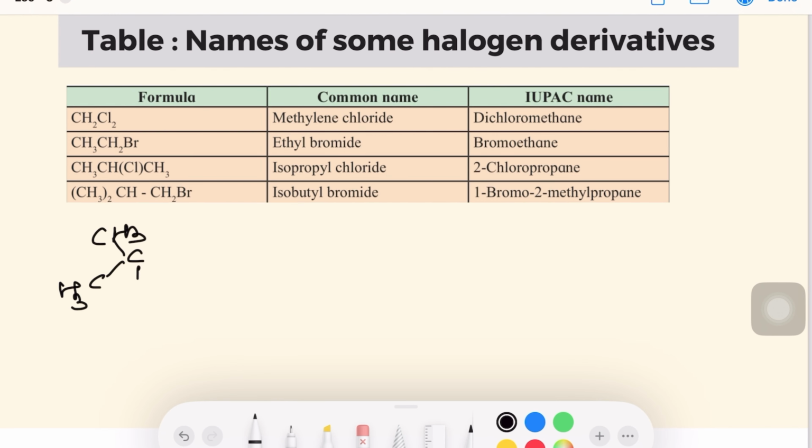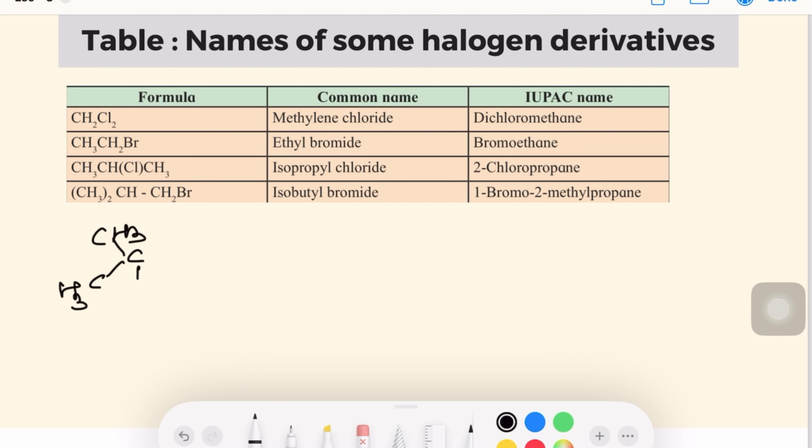And what is the IUPAC name of this? IUPAC name as a haloalkane. Here select the longest carbon chain. I selected this CH3 CH2 CH2. This is also a straight chain, from 1 to 3. A 3 carbon atom chain is there. Therefore the parent name is propane.